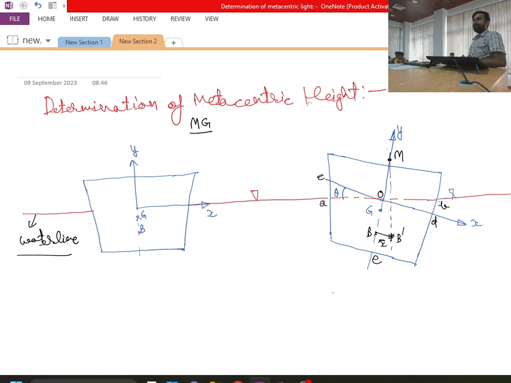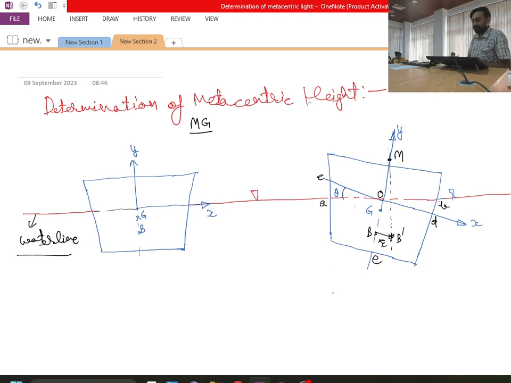Say this is the cross section of a ship, and initially I consider that it is in its normal position. Corresponding to the normal position, A and B as well as C and D coincide.